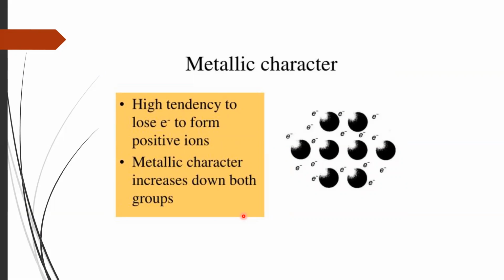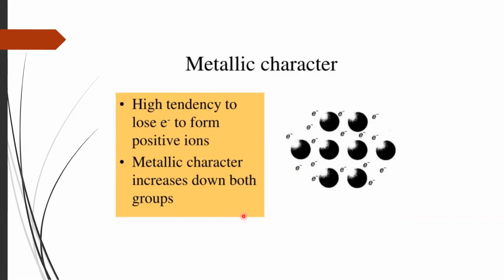So what is metallic character and how are we going to define it? As we know, the elements that can lose an electron and acquire positive charge are termed as metals.